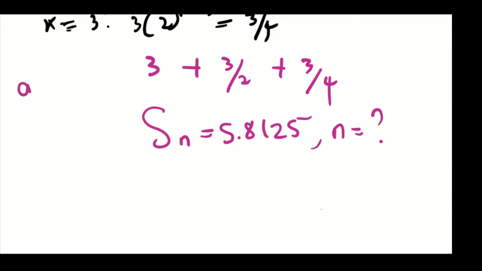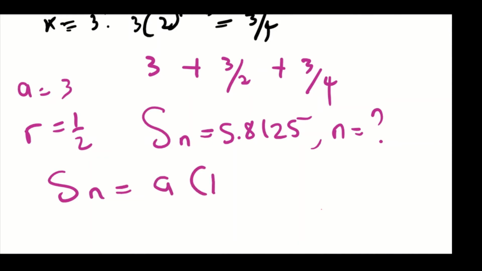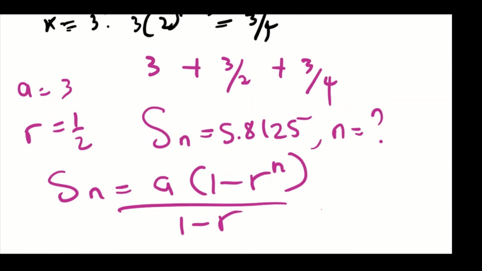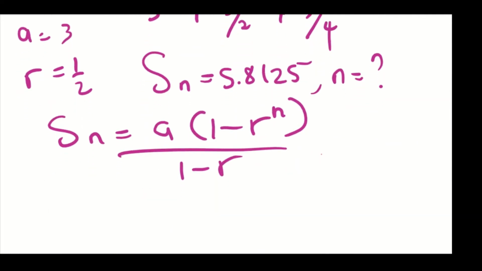The a value is equal to 3, the r value, not d but r, is equal to 1/2, right? So the sum is equal to a into 1 minus r to the power n divided by 1 minus r.